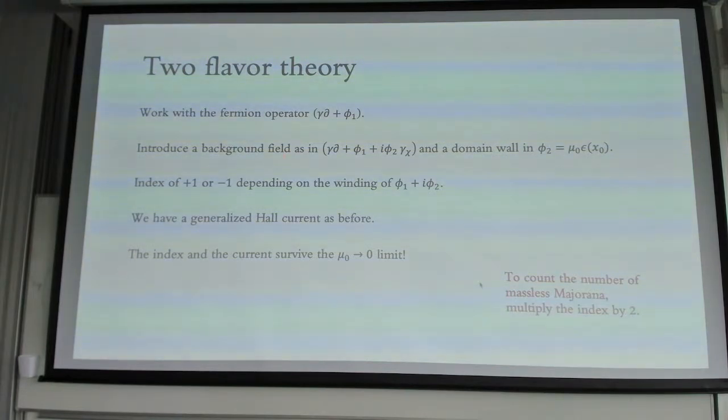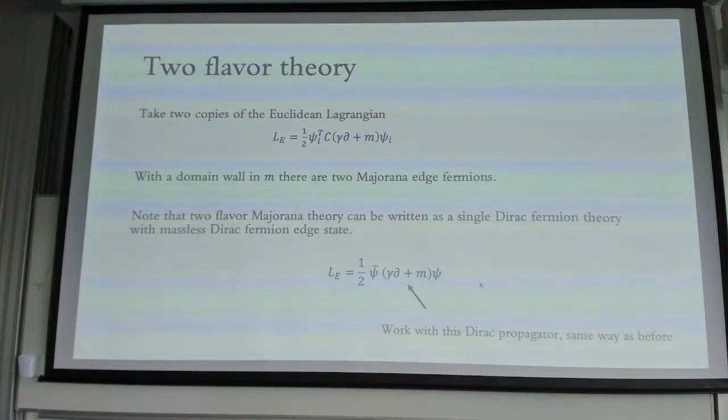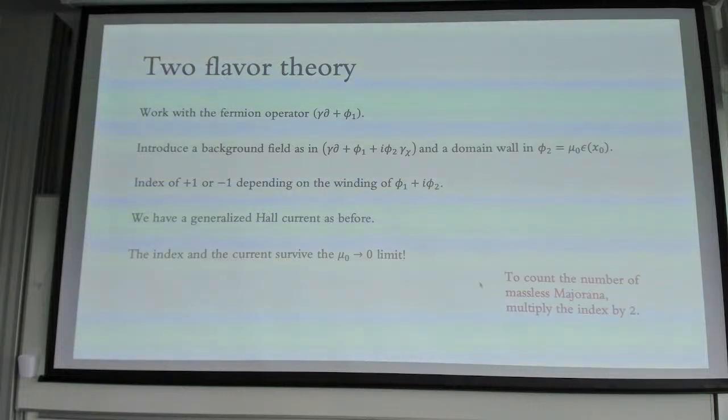If you did not have mass terms turned on that would couple the two Majorana fermions, you would turn on a background field, like I said. In this original Dirac fermion now, you would turn on a background field here. And you would get an index of +1 or -1, depending on the winding in this field. Now, to count the number of massless Majorana fermions in this case, you just have to multiply the index by 2. And again, if the index and the current survive this limit of mu going to 0.